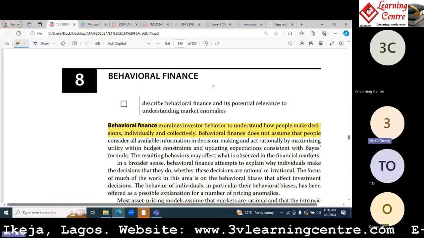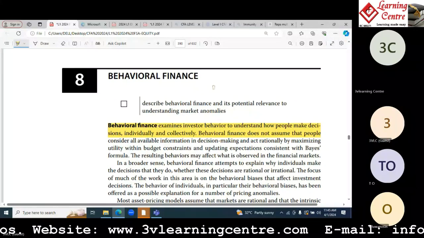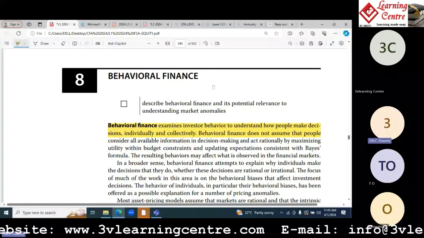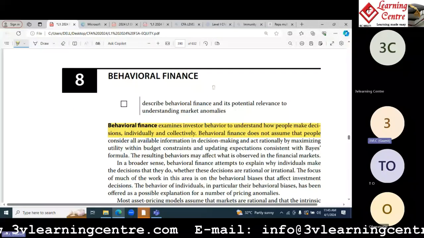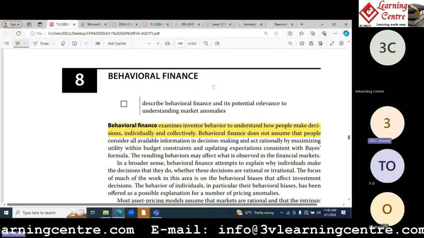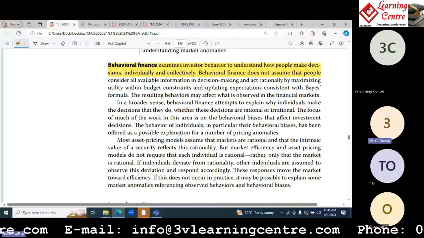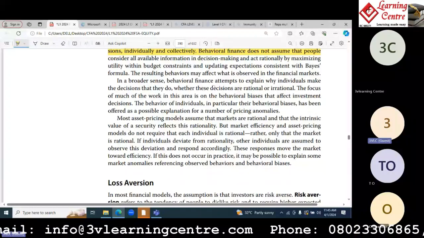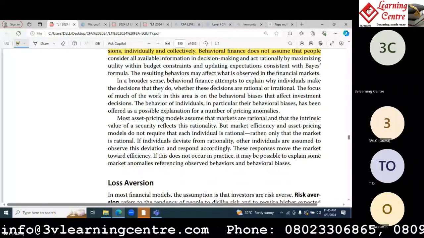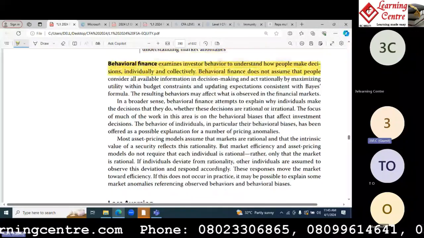You don't make investment decisions based on all available information. And that's what behavioral finance is trying to study. How do you make that investment decision? Are investors really rational? Now, they're saying that there are different behavioral biases that investors exhibit.